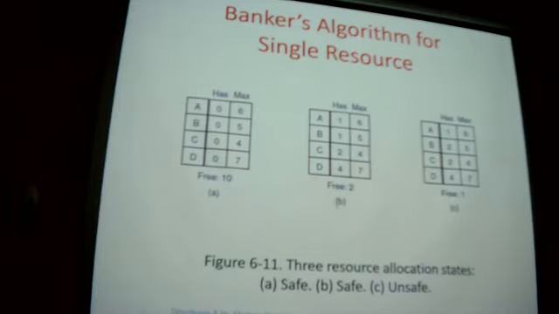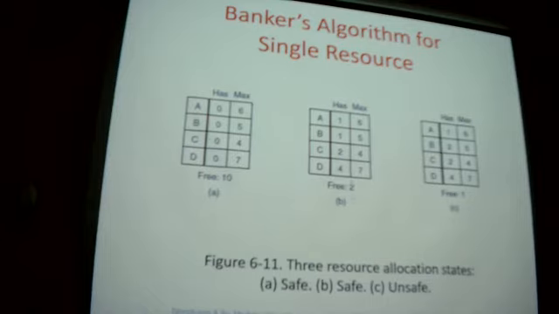For example, in figure B, this banker allocated 1 to customer A, 1 to customer B, 2 to customer C, and 4 to customer D. So this banker has only 2 left.